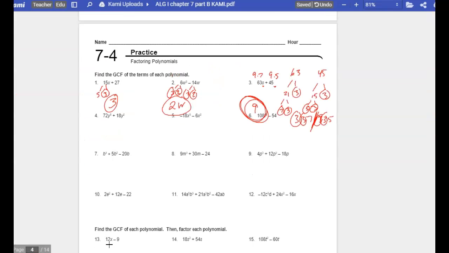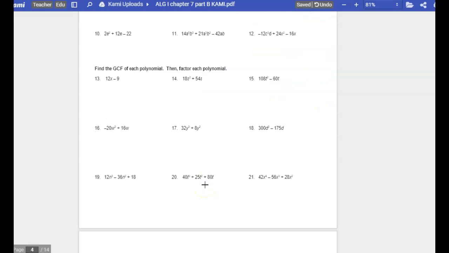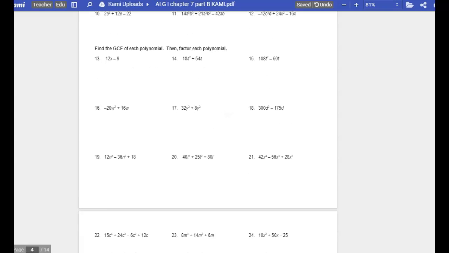So where did we leave off yesterday? Well, let me do these problems right here, 13 to 21.